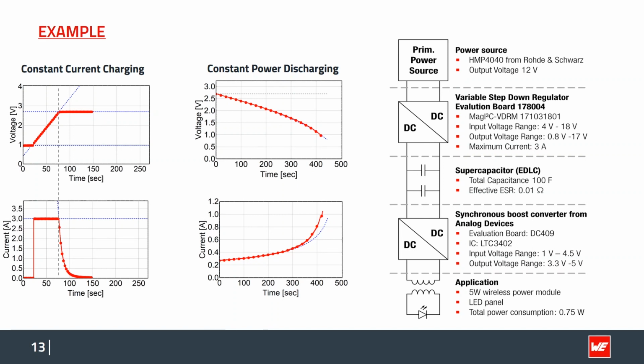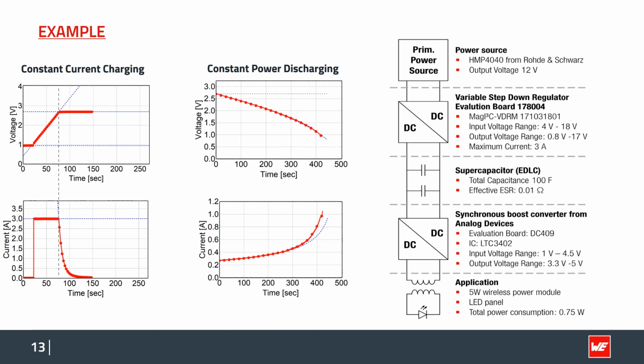The constant power discharge is managed by a boost converter from Analog Devices, which has an input voltage window of 1 to 4.5 volts.